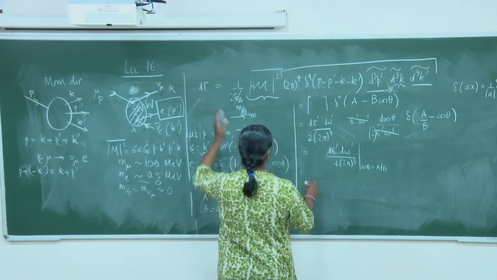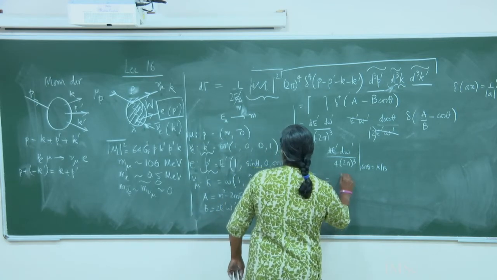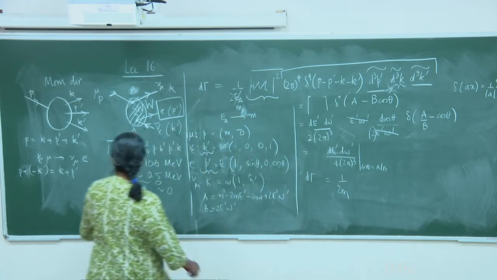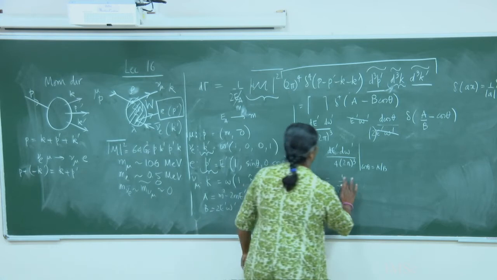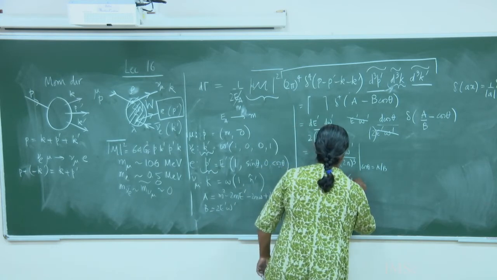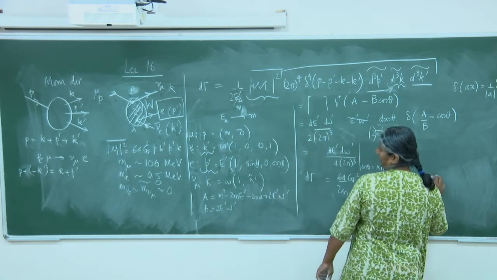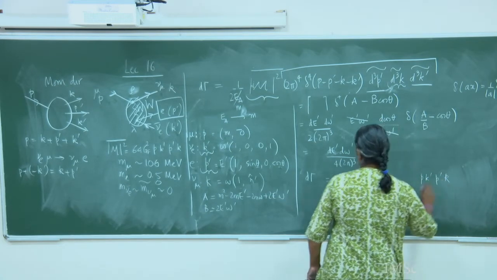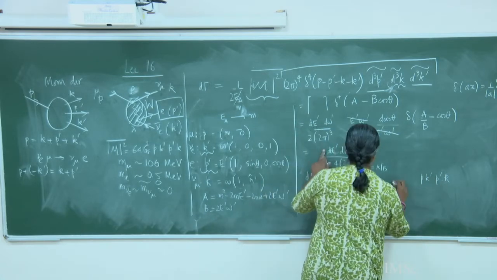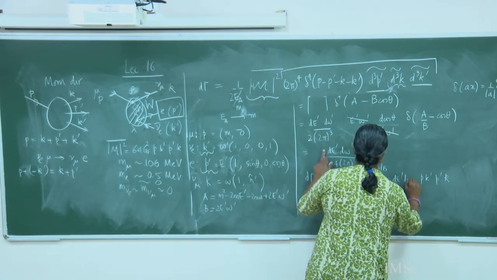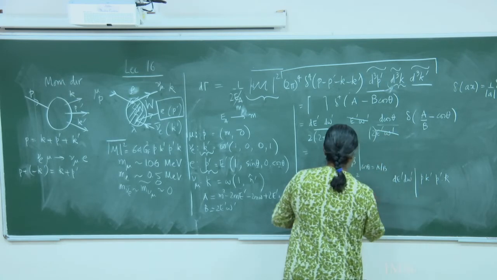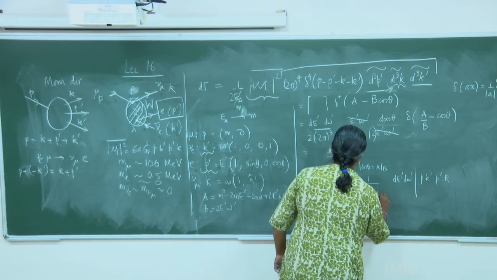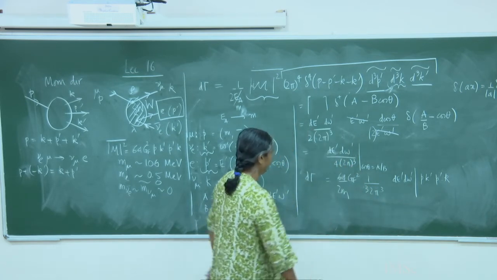Now, therefore, d gamma is equal to 1 by 2m coming from this factor. This m squared was 64 gf squared p dot k prime into p prime dot k, and I have to integrate this factor over d e prime d omega prime with the cos theta given as it is, and I have a 32, 2 2s are 4, 4 2s are 8, 8 4s are 32, I hope I got that right.